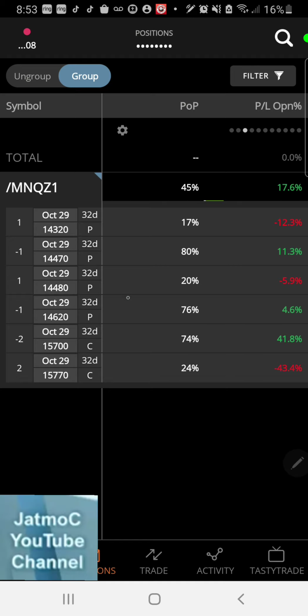These are options contracts, so the closer they get to expiration, the more value they lose. It's an expiring coupon. Same with this. This is an expiring coupon, but it also is a bearish trade, so it stands to benefit when the stock price goes down. And this is the first one that I put on, the one that I had on before that had a higher profit loss open percentage.